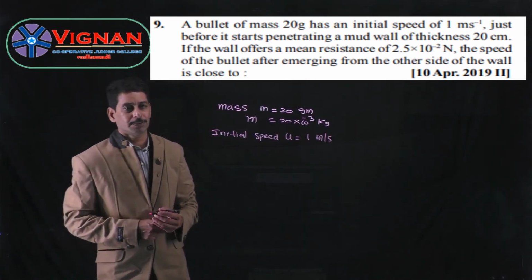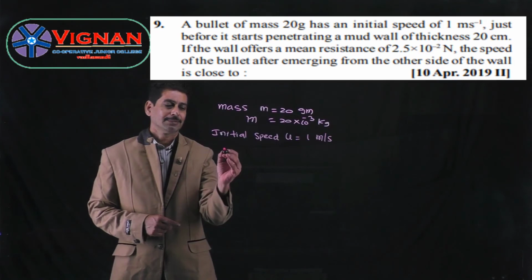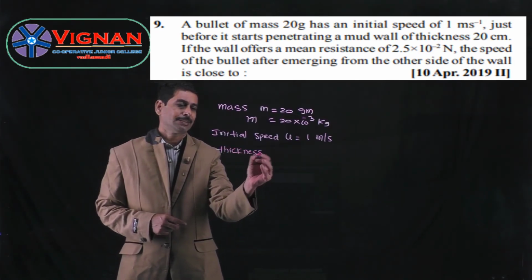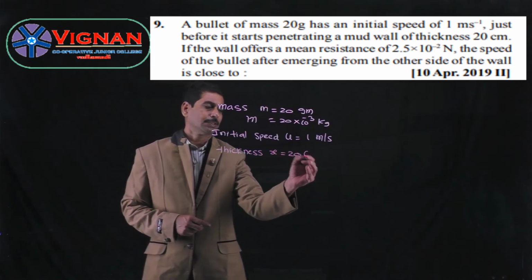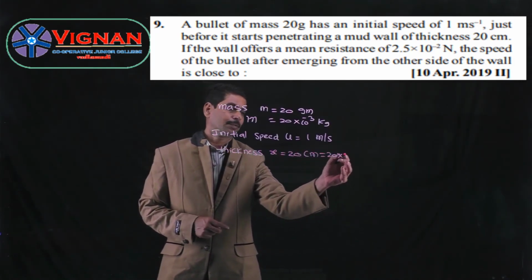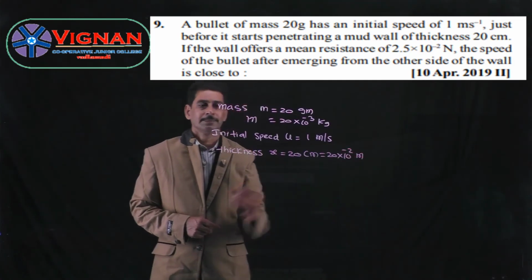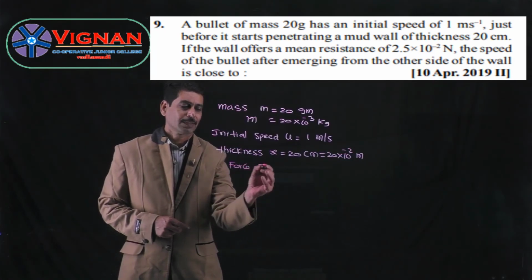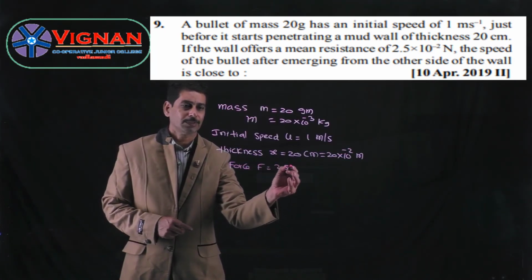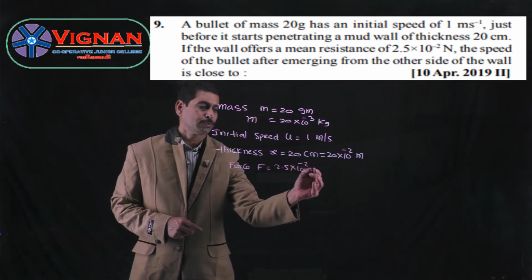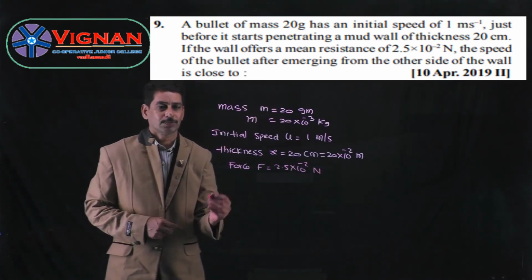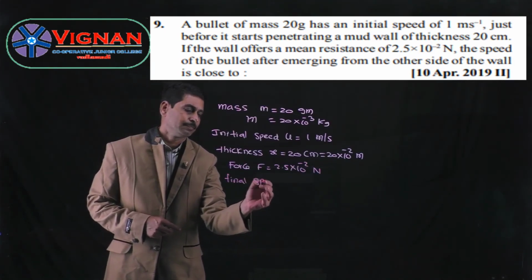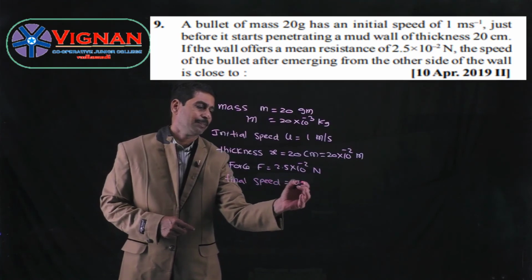The thickness of the wall, that is the distance, is given as 20 centimeter, which is nothing but 20 into 10 power minus 2 meter, and the resistance, that is the force, is given as F is equal to 2.5 into 10 power minus 2 Newton. We have to find the final speed, so we have to find the v value.